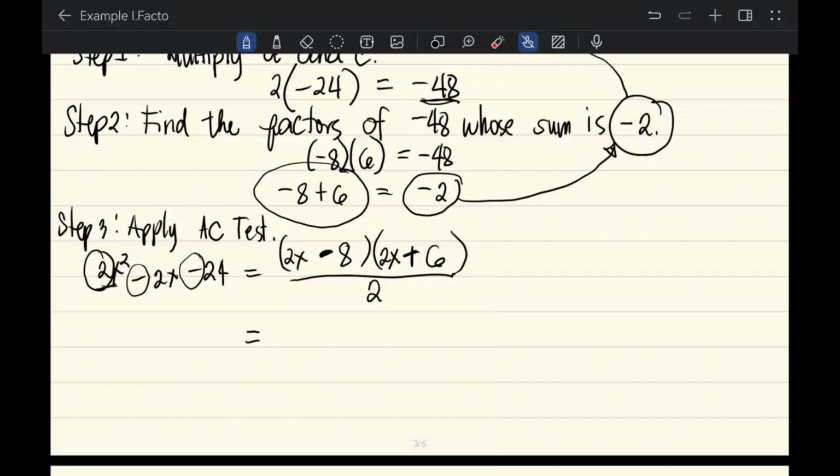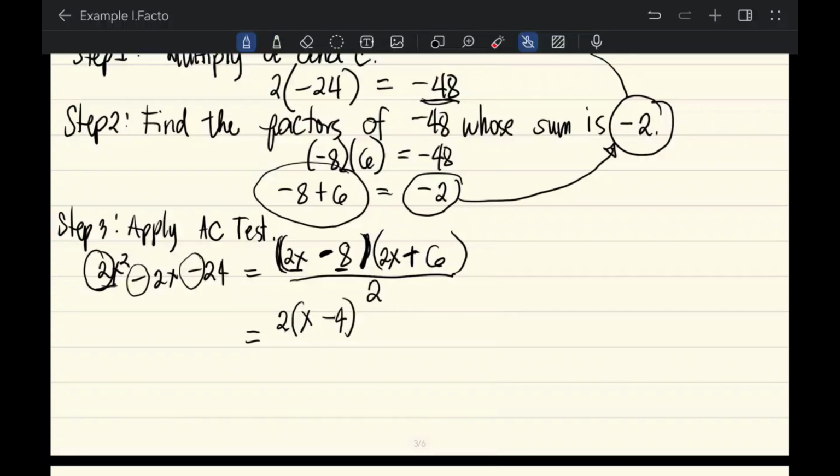On our first binomial factor, we can get the GCF. The GCF of the two terms is 2. So we can get 2x divided by 2, that remains x. Negative 8 divided by positive 2, that's negative 4.